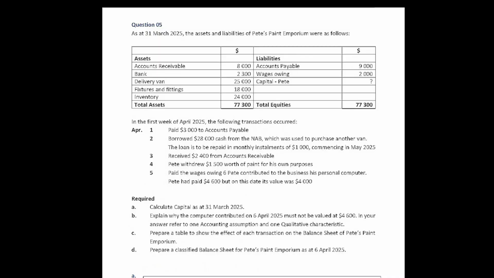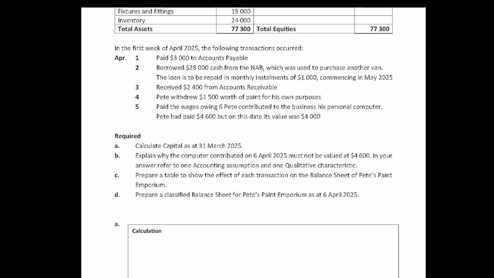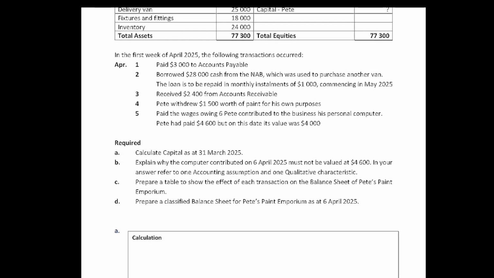Everybody got it? Good. Then, part B. Explain why the computer contributed on the 6th must not be valued at 4,600. In your answer, refer to one assumption and characteristic.